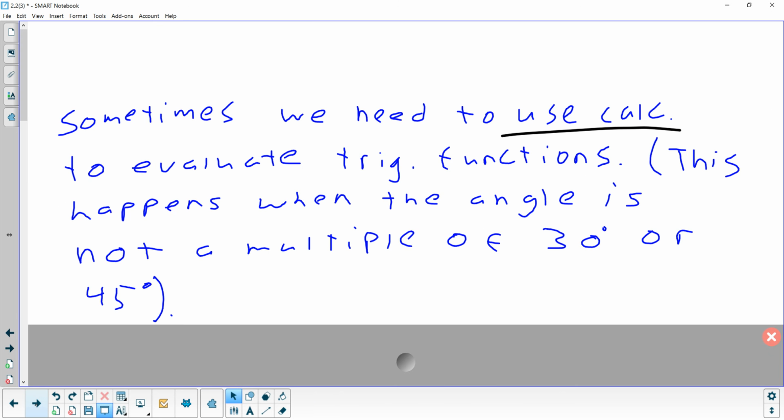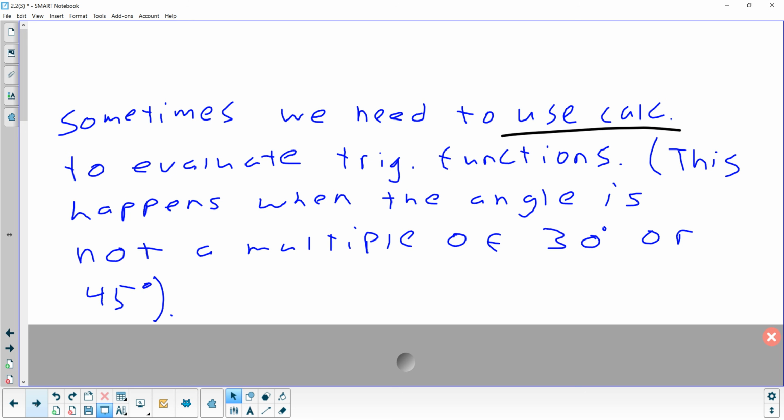But what if we can't find a coordinate? What if the angle is not a 30 or a 45 or a multiple? Let's say I ask you to find the sine of 13.7 degrees. You can't do that on the unit circle, because we can't find a coordinate for it.